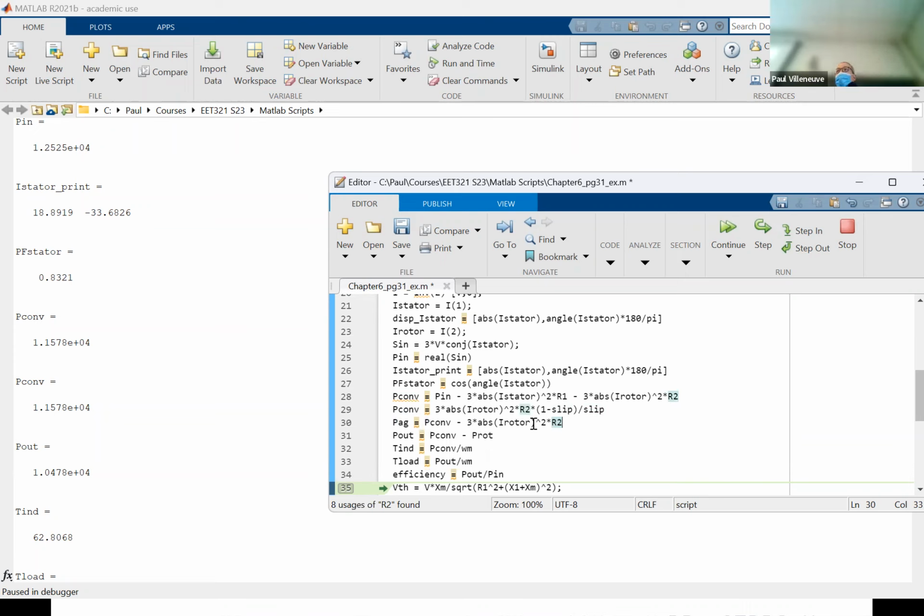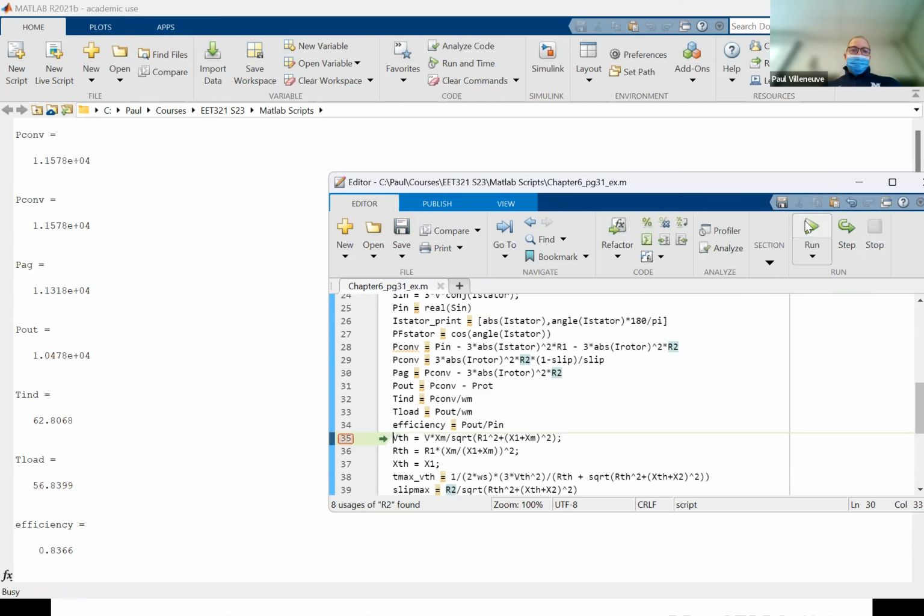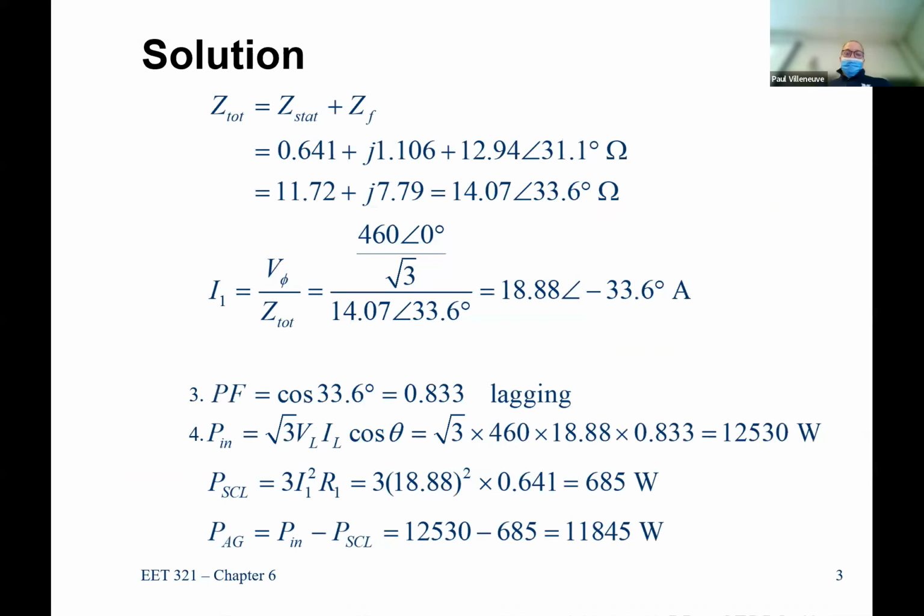I even called it I rotor to make it easier. Notice I took the absolute value because when you do I squared R, it's the magnitude of I squared times R2. So let's rerun that. And here's my air gap, 11,318. No, wait a minute.